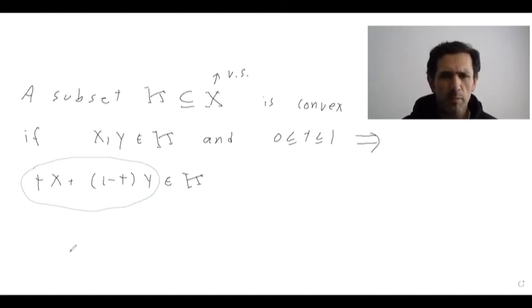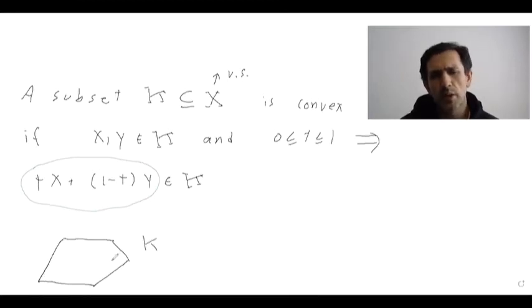So for example, let's draw something like this here. Let's say K is this geometric object, let's say X is R2. And let's say K is inside this object here and including the perimeter.